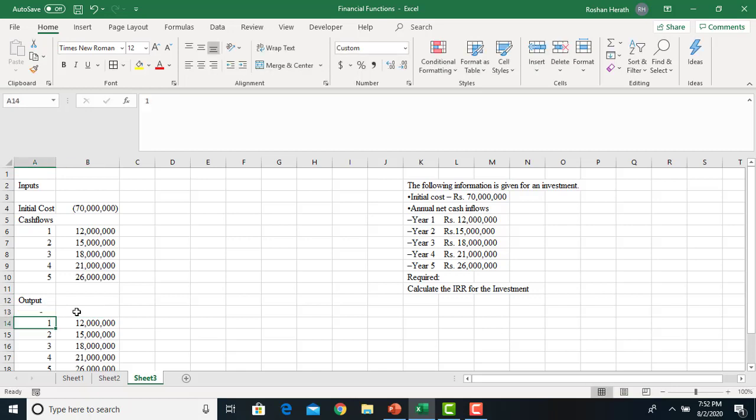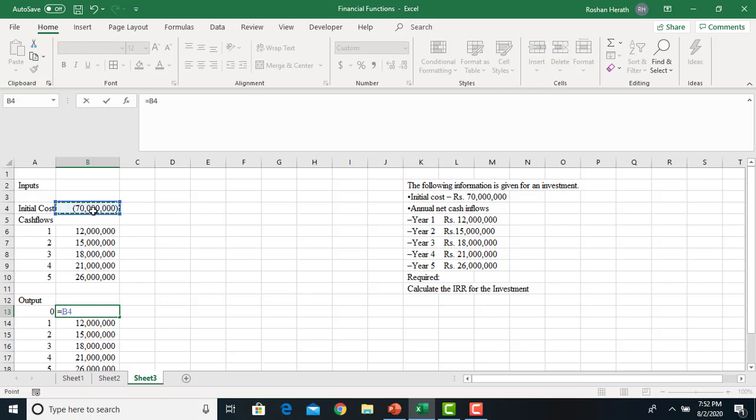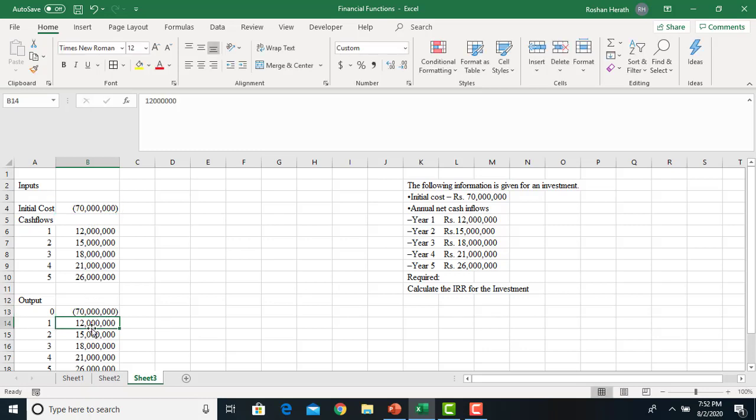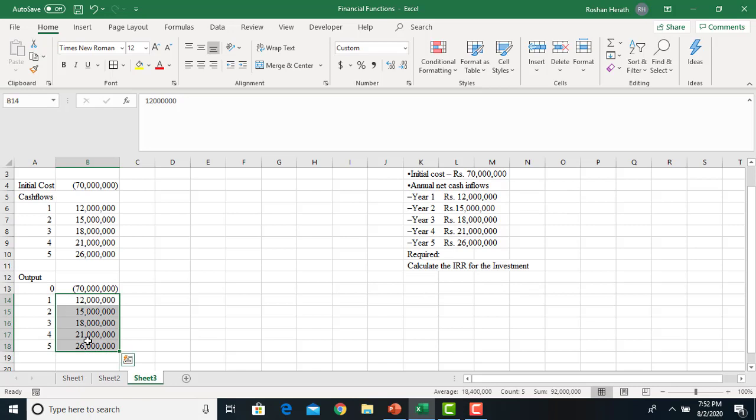The year 0 cash flow as well. It makes the reference. Here we would make the references. Then if we make a particular change, that should reflect in the output. So that's the flexibility it offers.